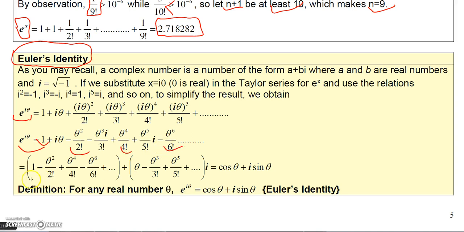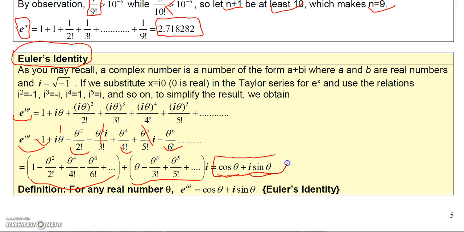And then if you take all the imaginary terms, like here, here, here, and put them together, and factor the i out, it turns out that this portion is actually the series associated with cosine of theta, and this portion here is the series associated with sine theta. So it can be shown that e to the i theta can be written as cosine theta plus i sine theta.